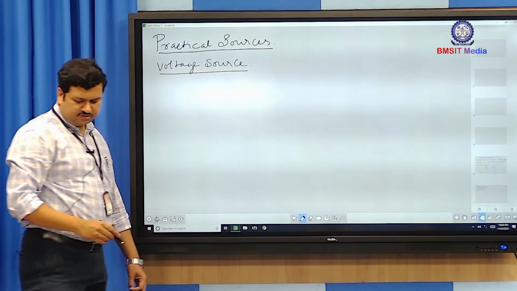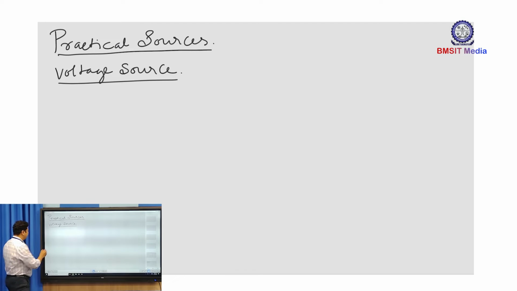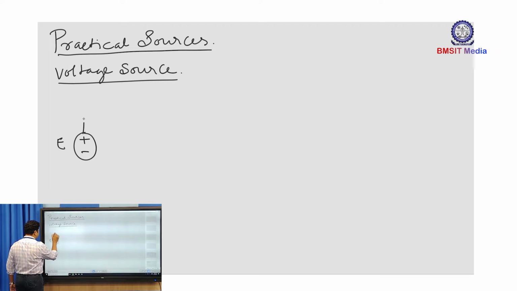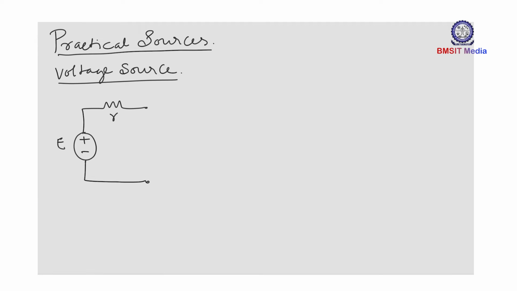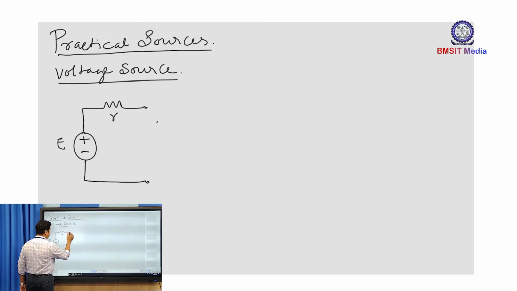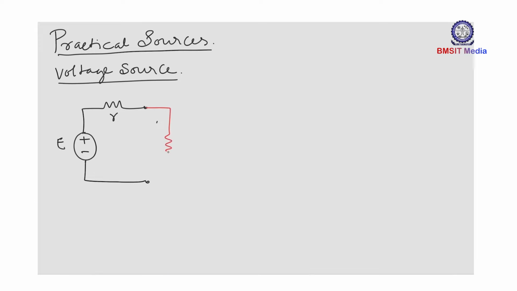The practical voltage source is represented as follows. First we take the ideal form of representation, E, and to this E a small series resistance or impedance is connected. Across these terminals we connect the load RL.